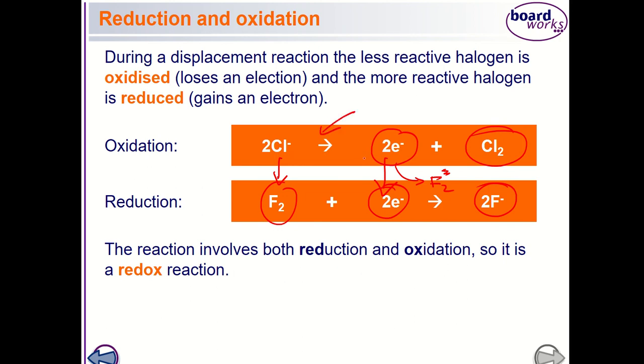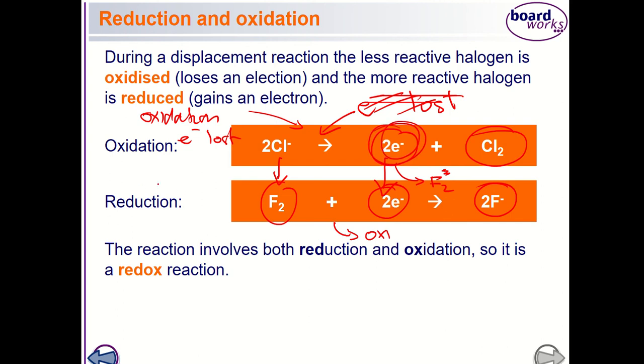Okay, the reason why this is oxidation, sorry, up here is oxidation, I should say, is because electrons are lost. You can see the electrons over here. Down here we have reduction because my electrons have been gained.